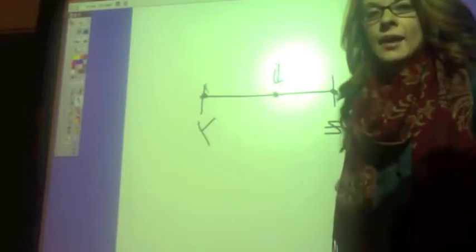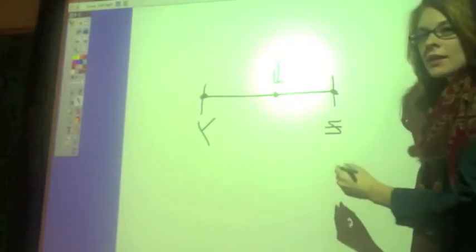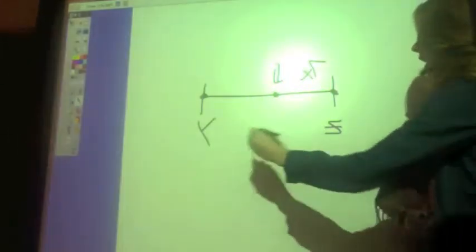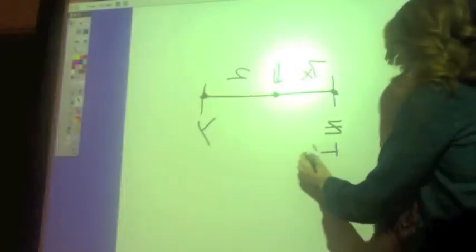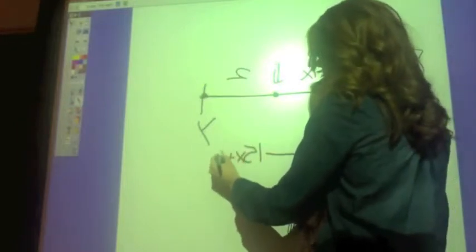So we can add numbers to these. JZ can be 7x, JY can be 2, and ZY can be 15x plus 1.